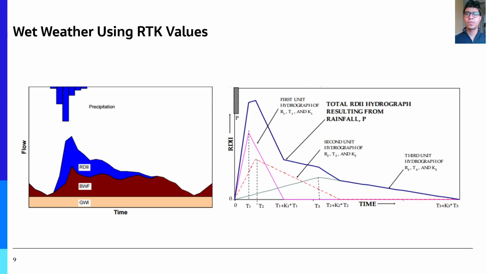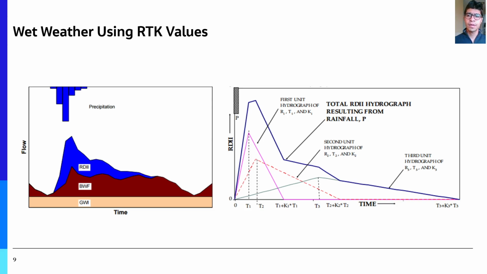So now, what is wet weather? In sanitary collection systems, there are 3 different types of flow in the sanitary sewers. The first is GWI, which is shown in orangish yellow, which is groundwater infiltration. That part of the flow is always in there, and no matter what kind of weather we're getting, if it's dry or if it's wet, any kind of extreme weather, we're going to have a constant flow coming into the pipes through the cracks and fissures, known as groundwater infiltration.